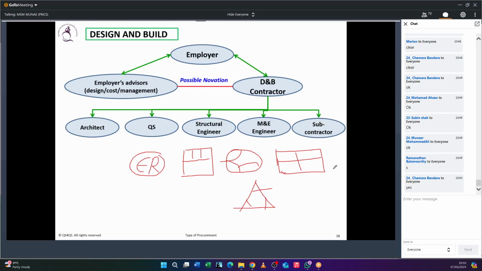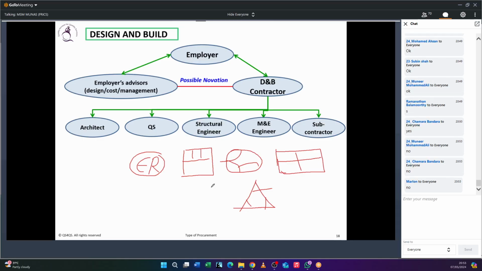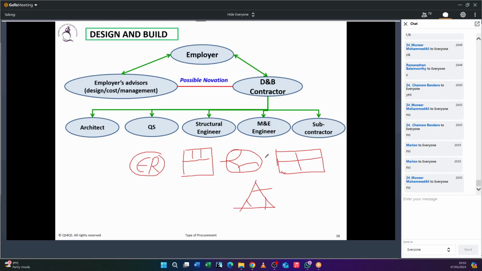So now, do you understand all the contractor designs are different? Is it the same for each other? No. What about the cost and time for each and every contractor? Is it the same? Why is it not the same? Because the design is different, no?